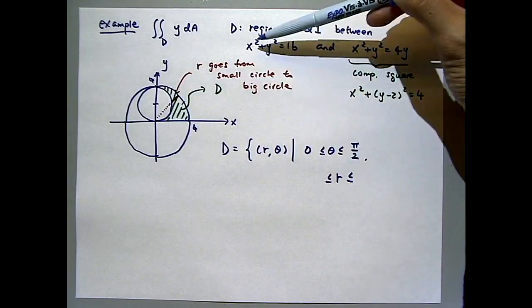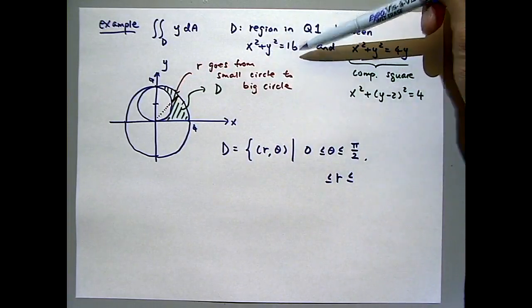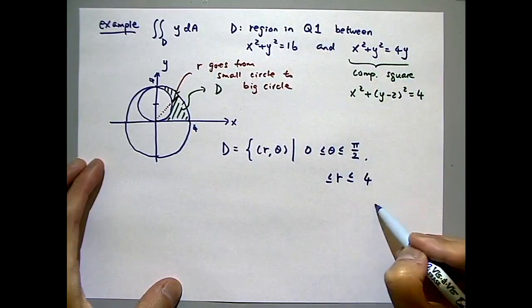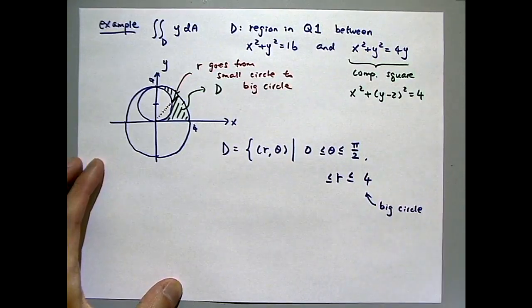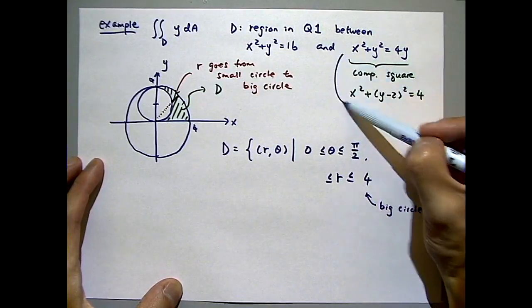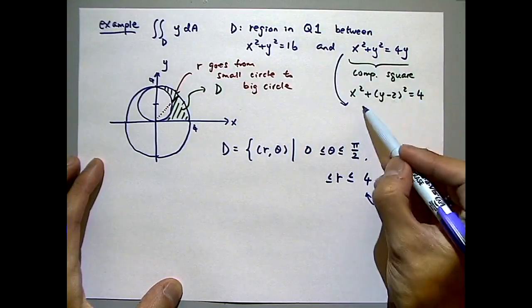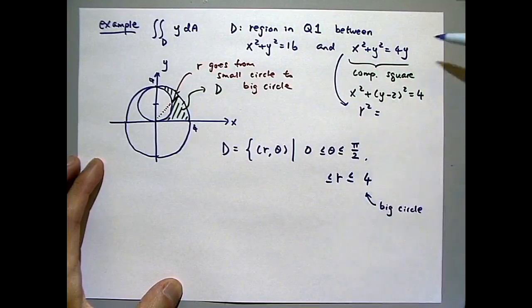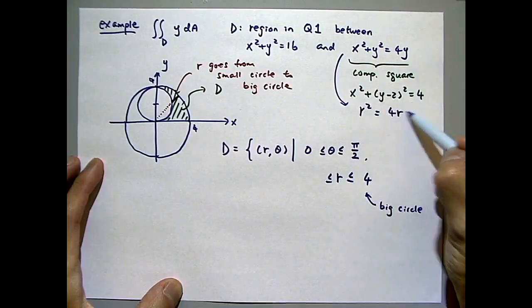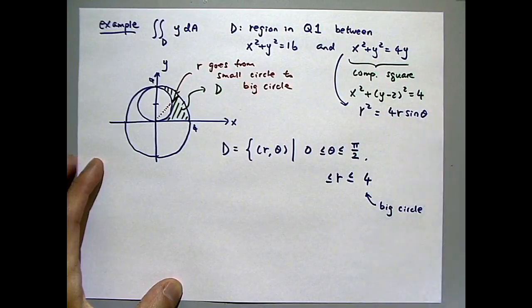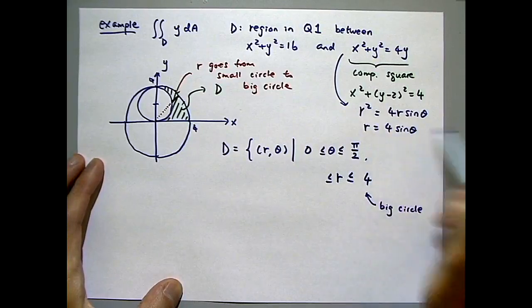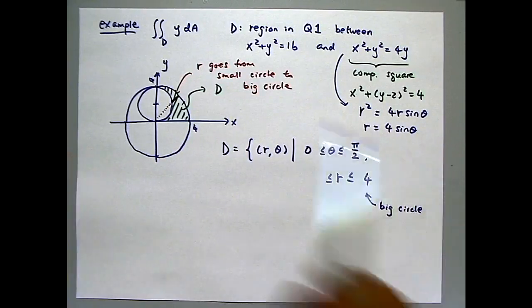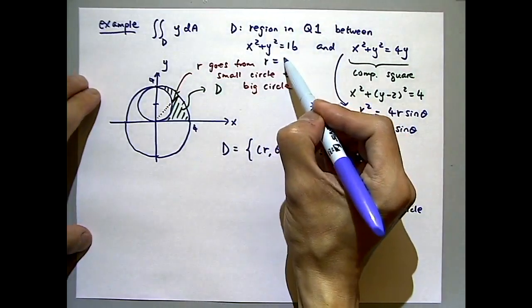The big circle is r squared equals 16, or r equals 4, right? That's the big circle. The smaller circle in polar: the left-hand side is r squared, the right-hand side is 4r sine theta. So this becomes r equals 4 sine theta. Big circle: r equals 4.